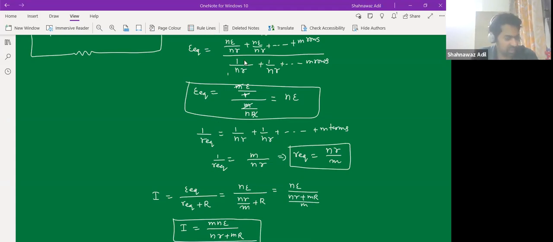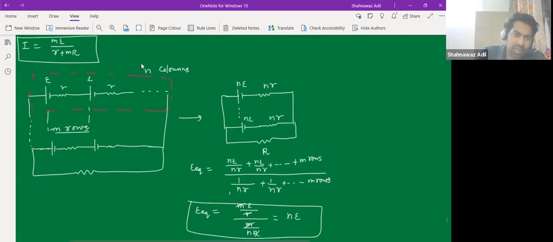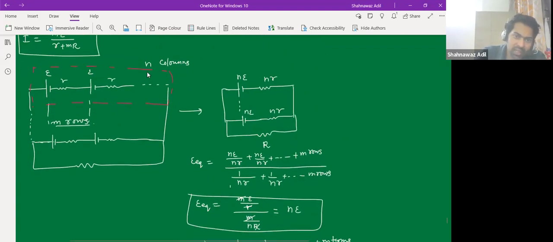So what we have done is that we have connected n EMF cells. N cells having EMF E and internal resistance R, so n cells in series.